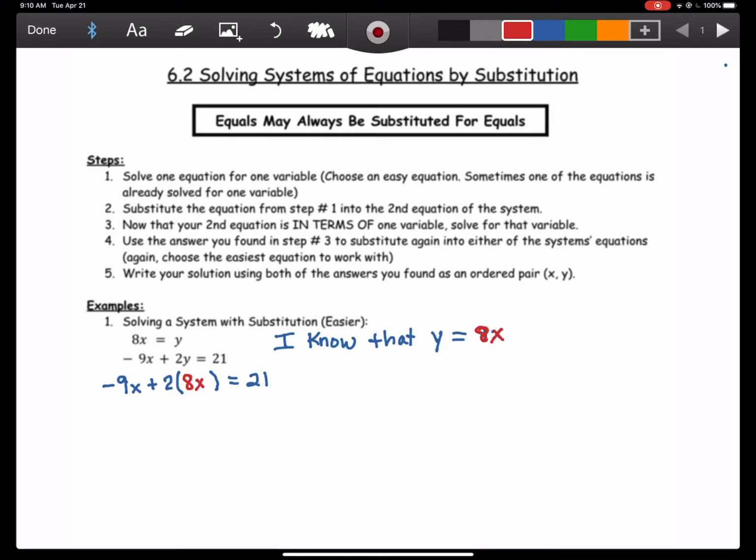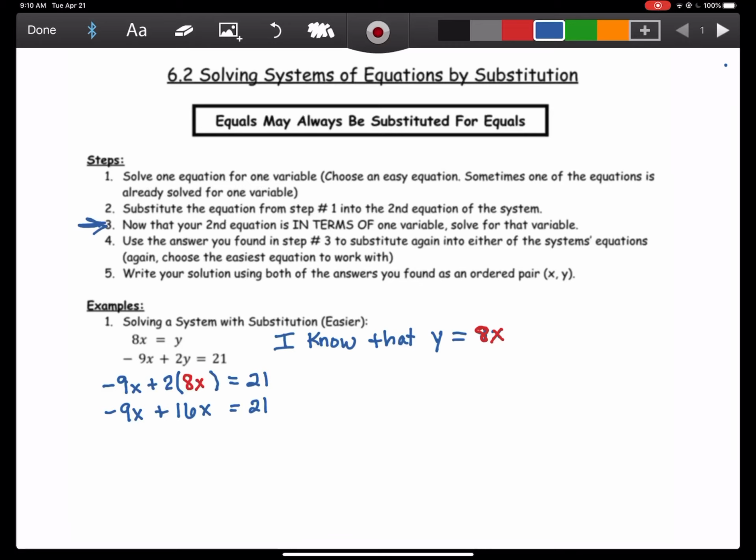It's all about substituting what you know. Now I'm going to keep working. So negative 9x plus 16x equals 21.